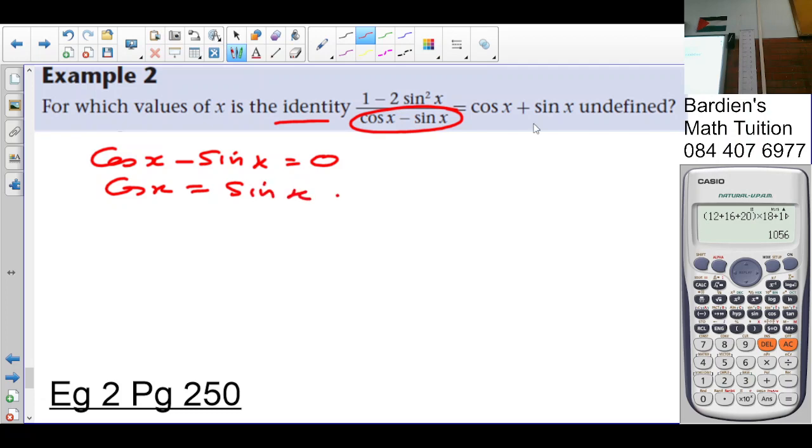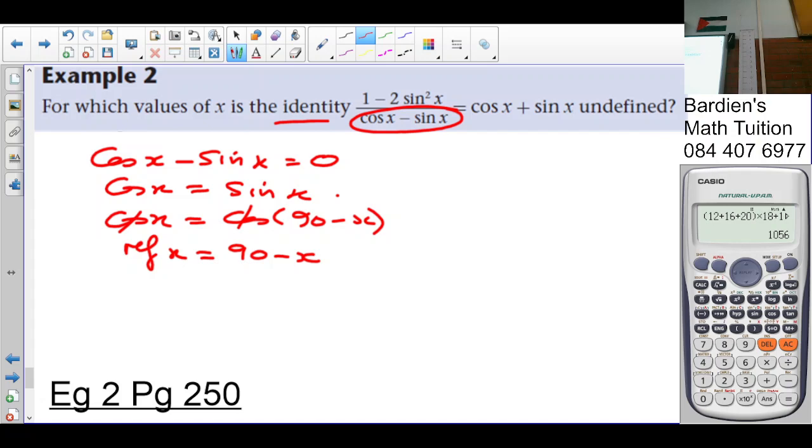Now what? You can say sine can be written as cos of 90 minus x, so cos x is equal to cos(90 minus x). So what do I do now? Drop the cos. So I say now my reference x is equal to 90 minus x.